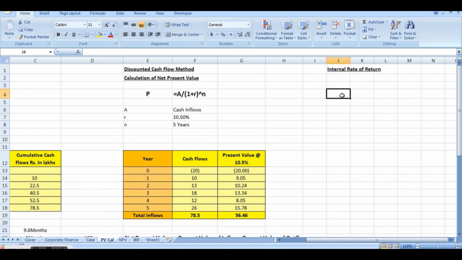In that case you have to follow the same process again. Here we have calculated present value at 10.5%. While calculating internal rate of return, you will have to calculate present value at some other, in this case most probably a higher R value.